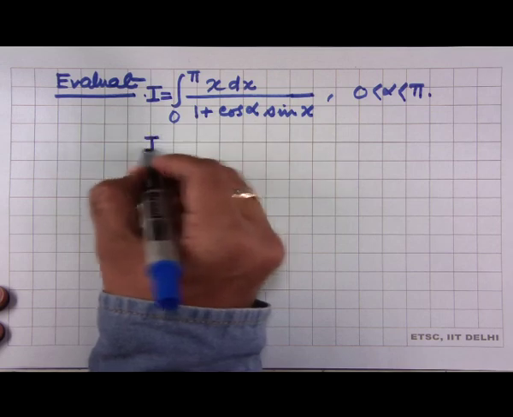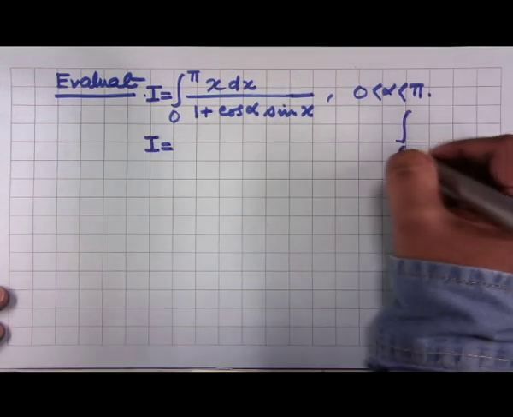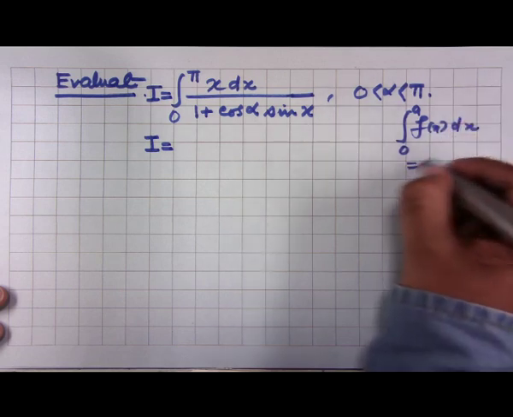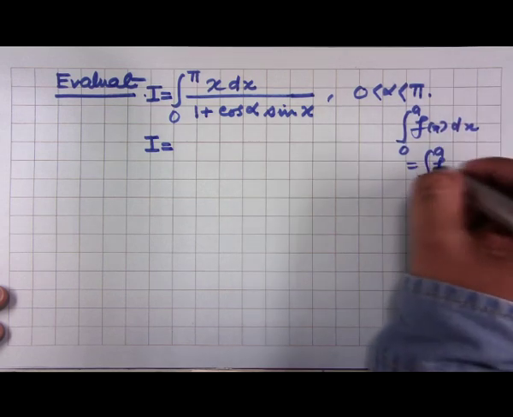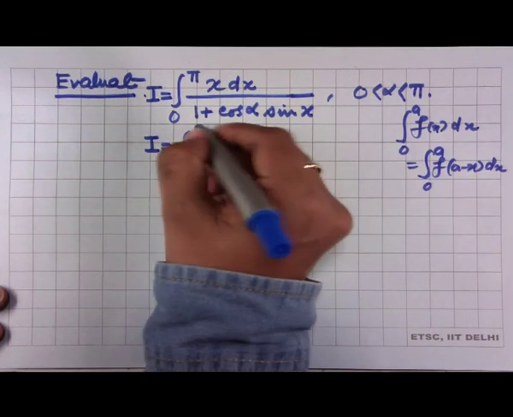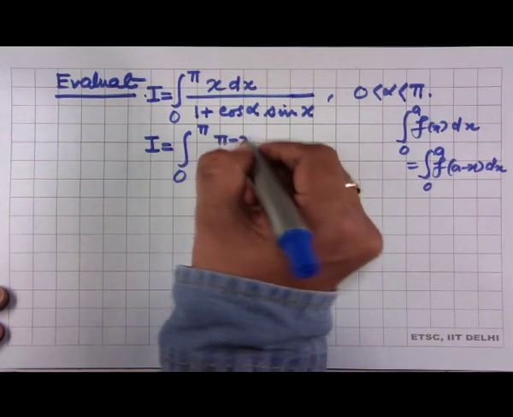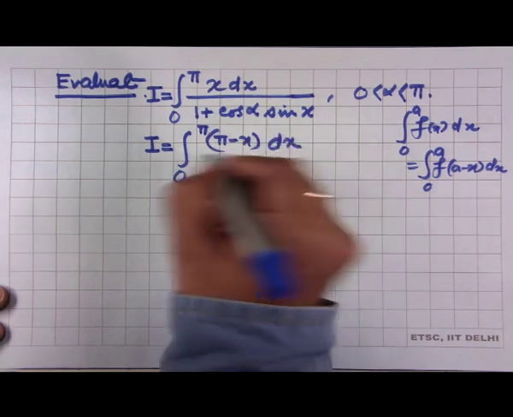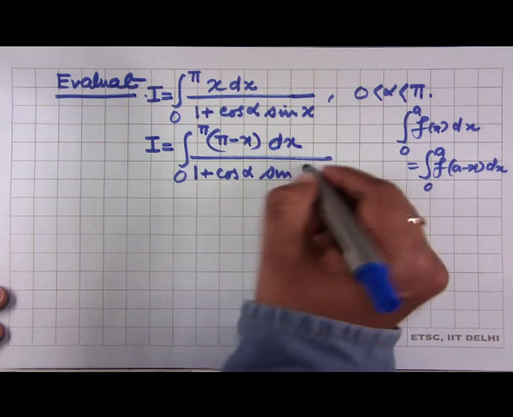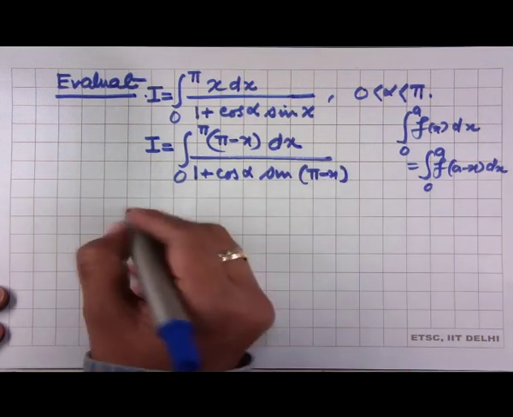So I you can write by using the property that the integral from 0 to a of f(x) dx is the same as the integral from 0 to a of f(a minus x) dx. You can write 0 to pi, x is replaced by pi minus x, over 1 plus cos alpha sin(pi minus x).